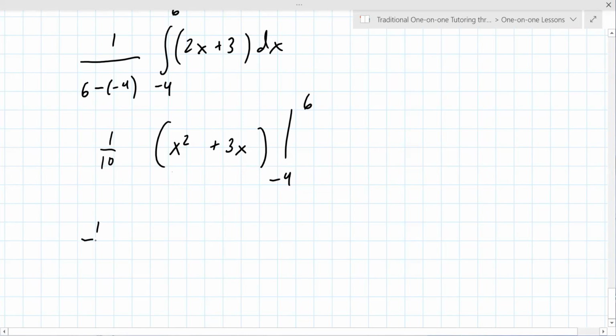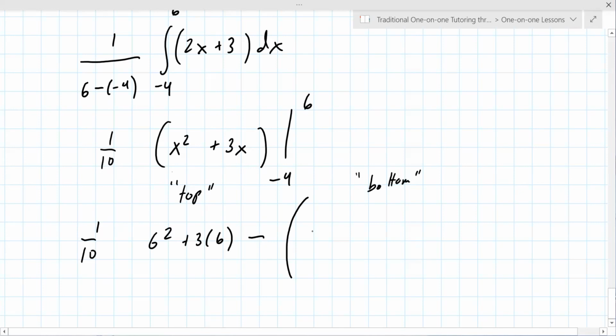So this is 1 over 10. I would deal with that last. 6 squared plus 3 times 6 minus, and I'll be very clear, this is a big parenthesis, because you're putting in the top and then the bottom.